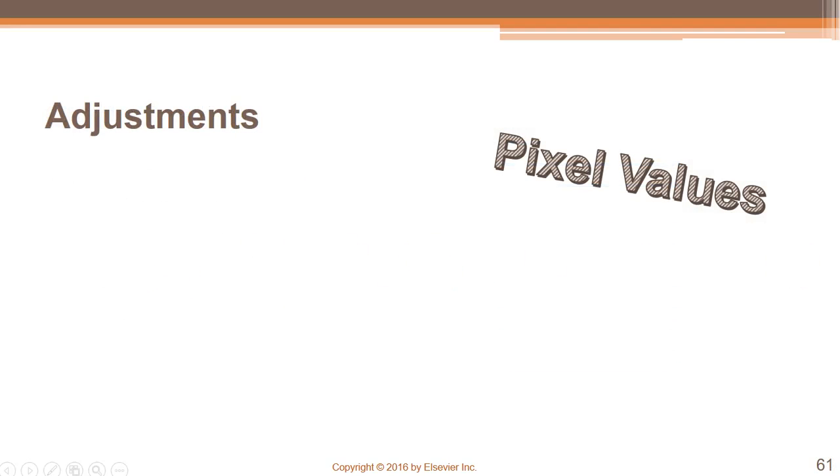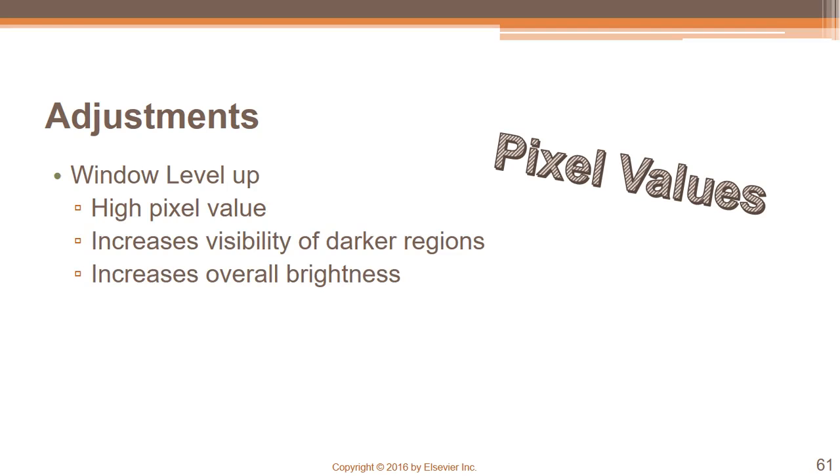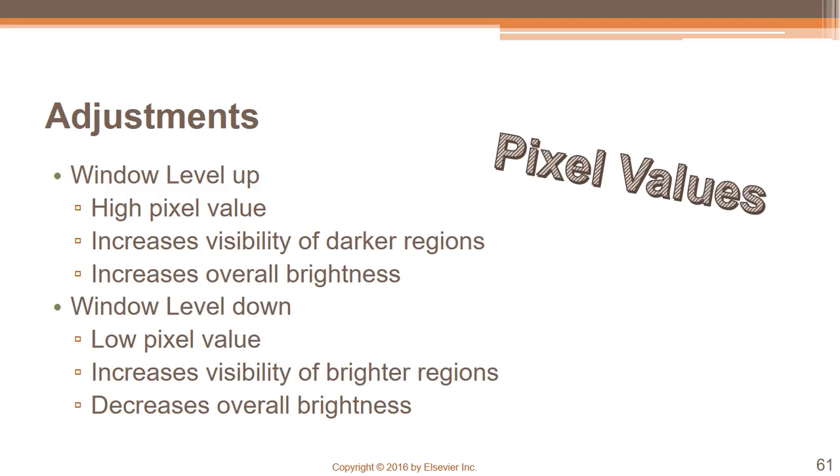Assume the pixel values range from 0 to 2048 are used to represent the full range of digital image brightness levels. A high pixel value could represent a volume of tissue that attenuated fewer X-ray photons and is displayed as a decreased brightness level or increased density. Therefore, a low pixel value represents a volume of tissue that attenuates more X-ray photons and is displayed as increased brightness or decreased density.